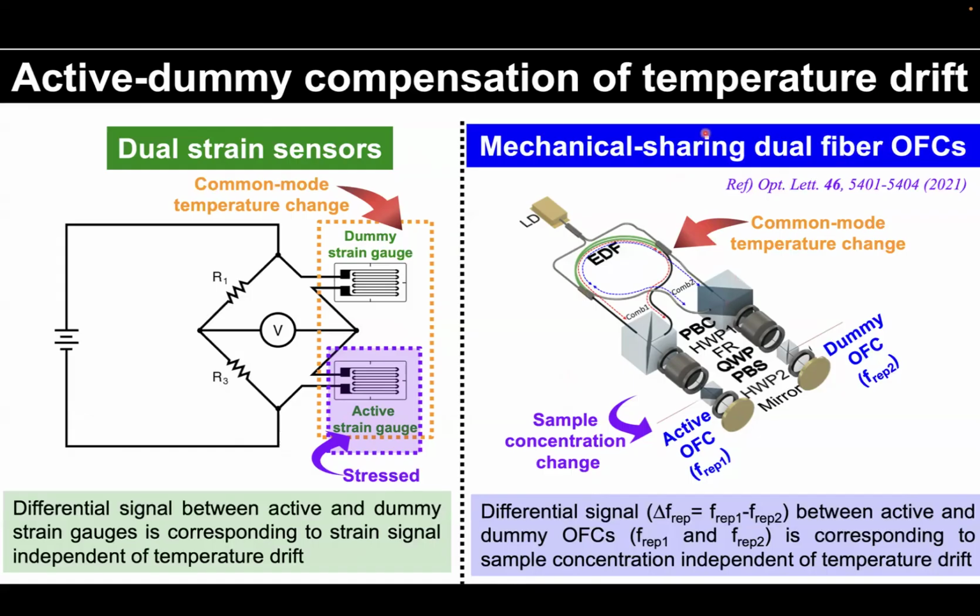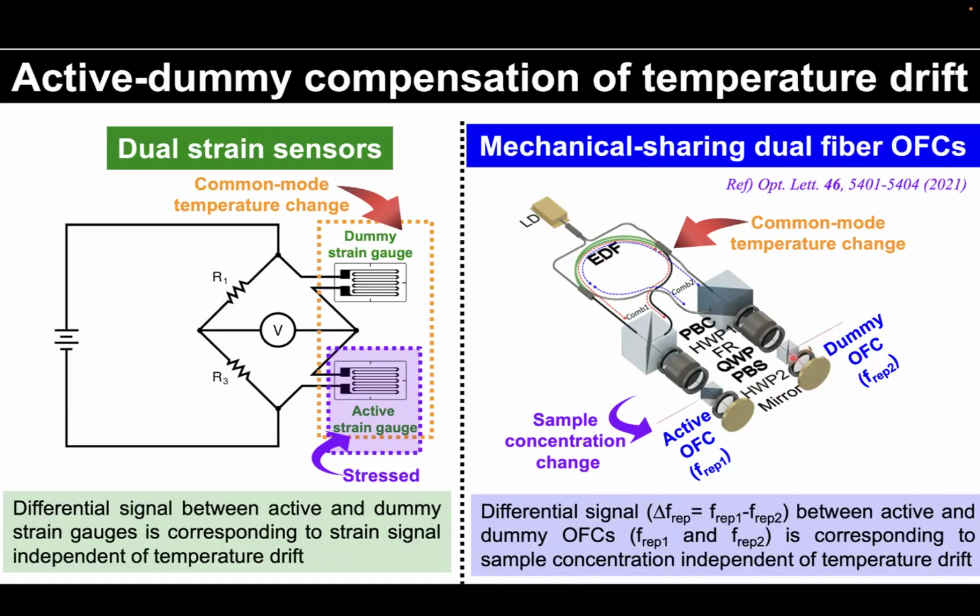Dual OFC configuration. A pair of OFC biosensors is used for the active and dummy sensing OFC, respectively, in which the active sensing OFC measures both the sample concentration change and the temperature change, whereas the dummy sensing OFC measures only the temperature change.